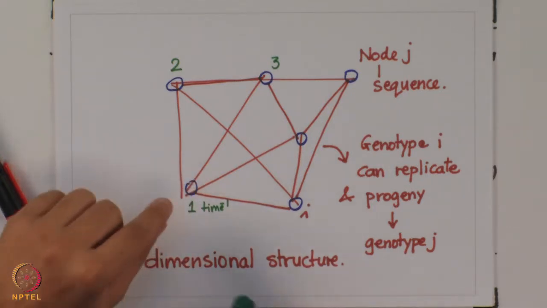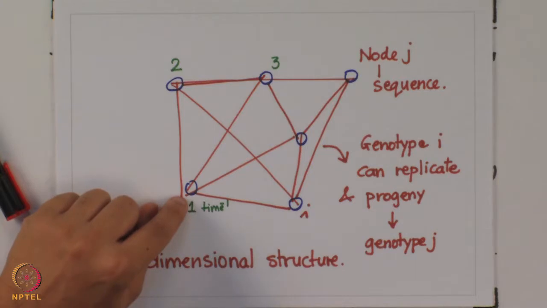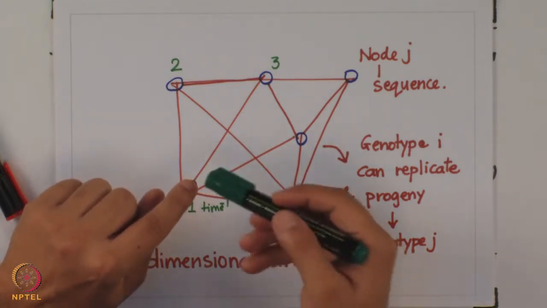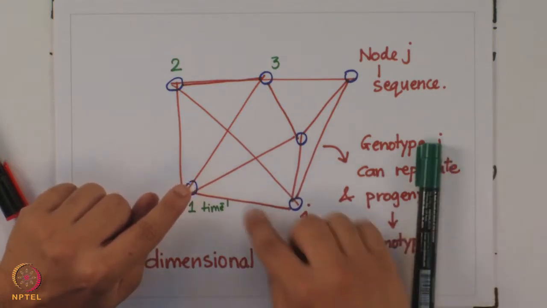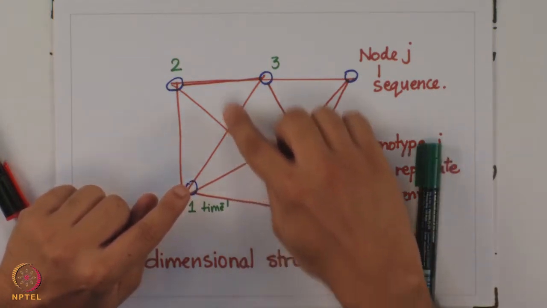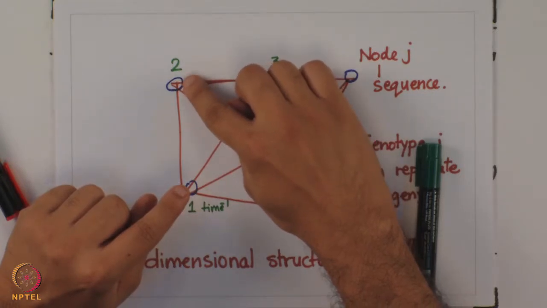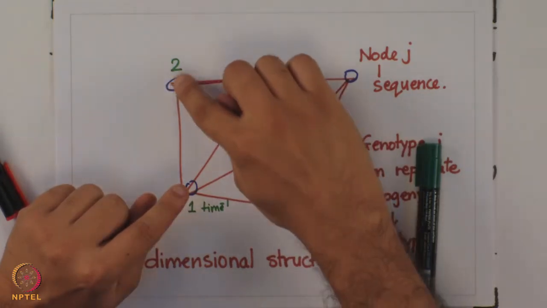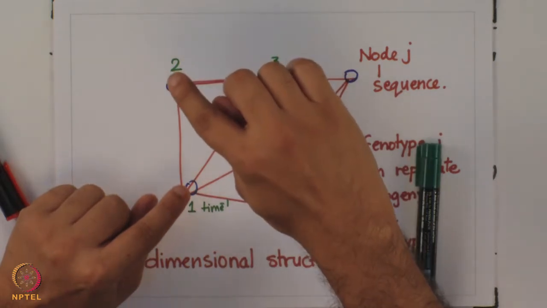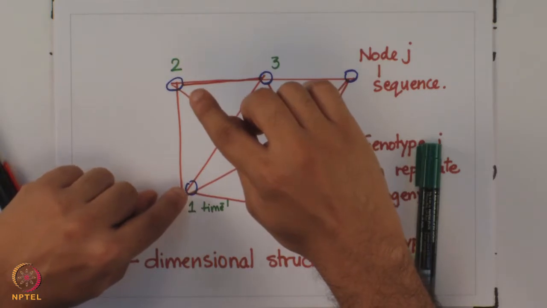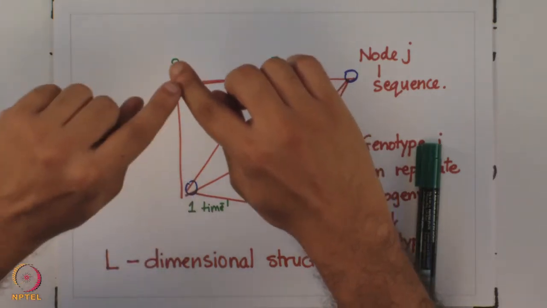So when you have a population at this particular genotype, it is actually existing at a value of 1, and when there is a mutation event such that a progeny corresponding to this particular sequence is produced, that progeny lies at this point, which is at a height of 2 units. So there has been an increase in fitness when one of the individuals of the population has moved from this node to this particular node.